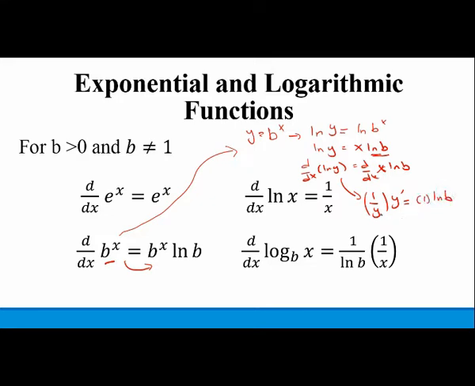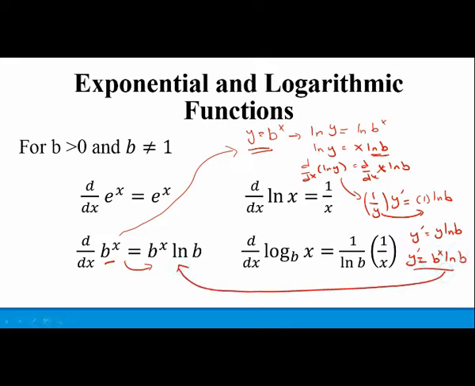Then I move this to the right side, and y prime equals y ln b. You know that y equals b^x, so in this case y prime equals b^x ln b. You will get back this result.